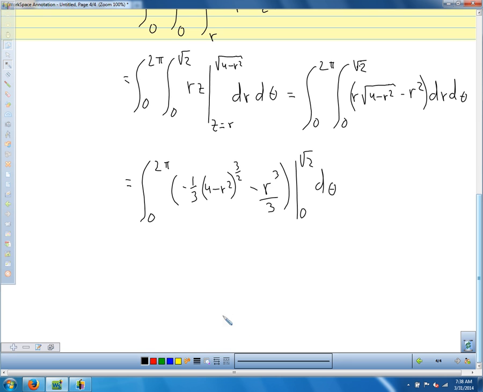And then when we evaluate this, the theta integral evaluates from 0 to 2 pi, and we end up with a 2 pi in there. This evaluates to 8 pi thirds times 2 minus square root of 2.